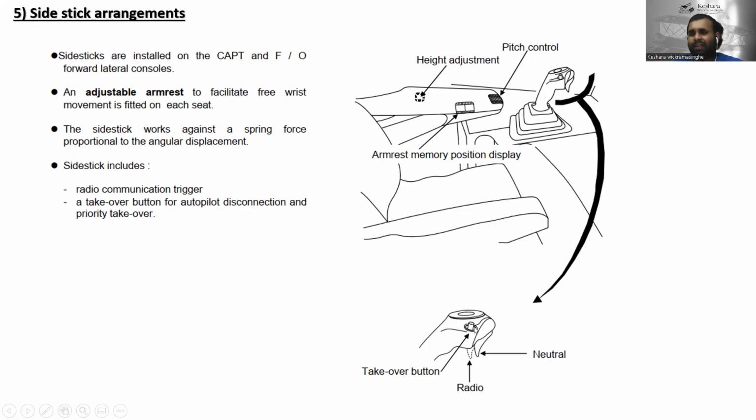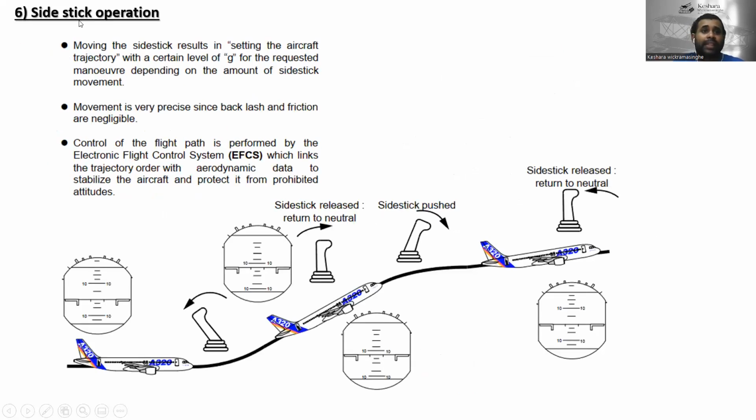Later I will tell you about the autopilot lesson, how the system works. Now the side stick operation. Moving the side stick results in setting the aircraft trajectory with a certain level of G for the requested maneuver, depending on the amount of side stick movement.